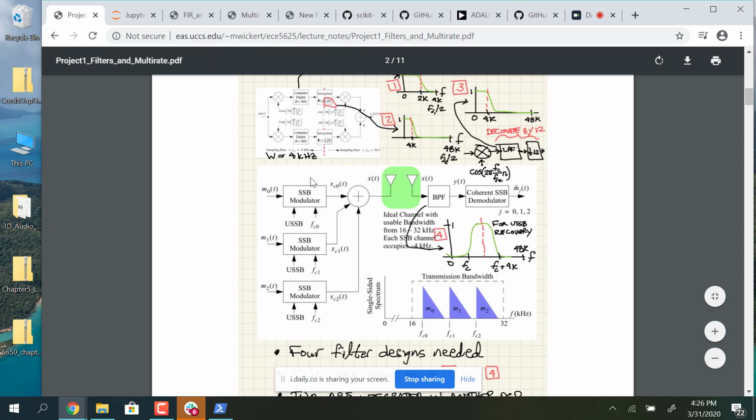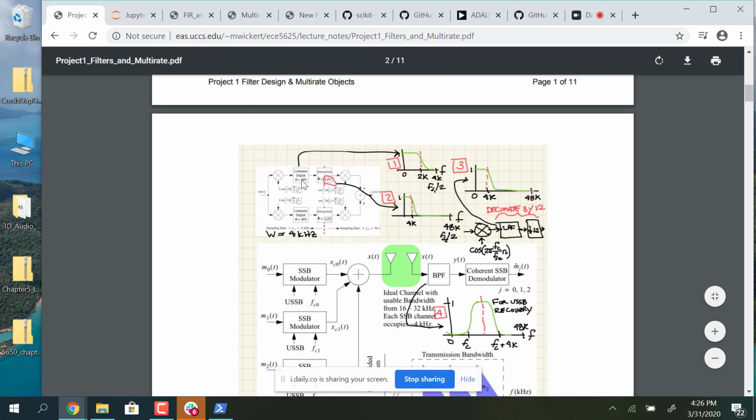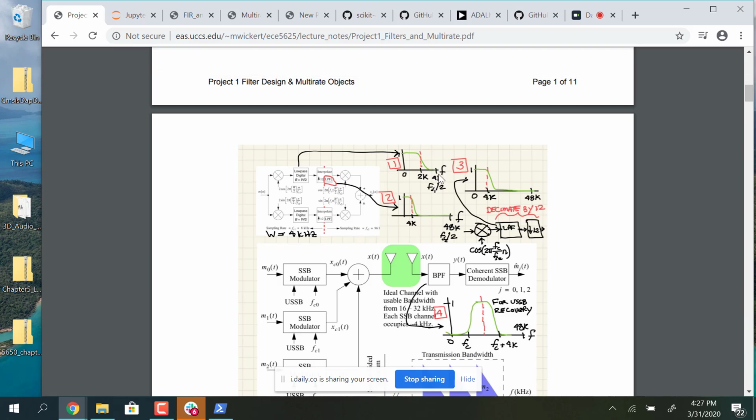The single sideband modulator is Weaver, and in the Weaver you need a low pass filter that goes from 0 to 2 kilohertz, and the folding frequency in that case is 4K because this is 8 kilohertz. The second filter you need is another low pass filter that cuts off at 4 kilohertz, but for this filter design the sampling rate is 96 kilosamples. So those are the first two filters.